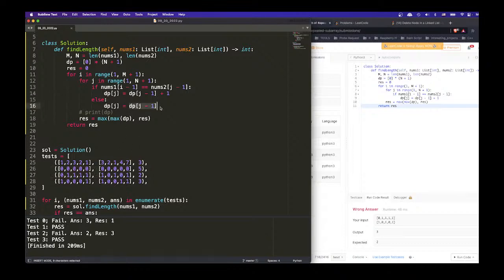It has to be 0. Because if they're not the same, hold on, let me think again. If these two are the same, then we say this will be plus 1, right? If this and this are not the same, that means ending in this is 0. Then we fail. We fail horrifyingly.